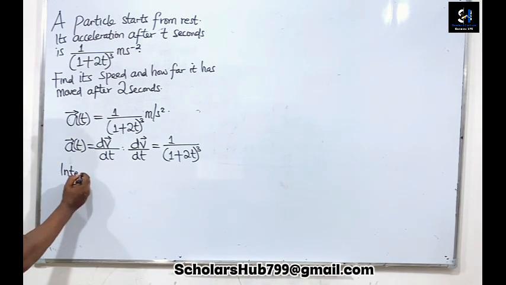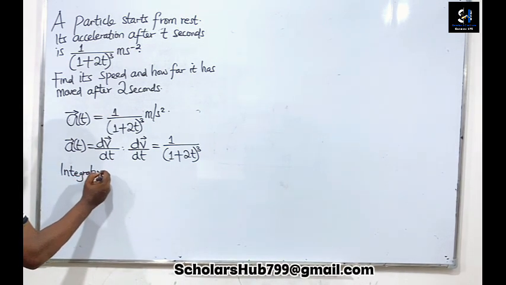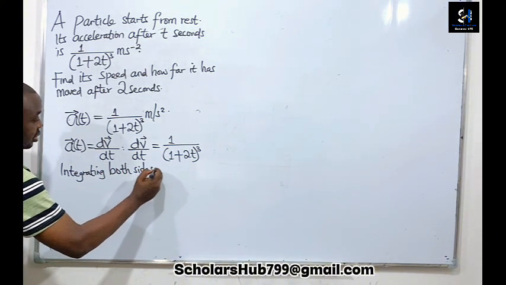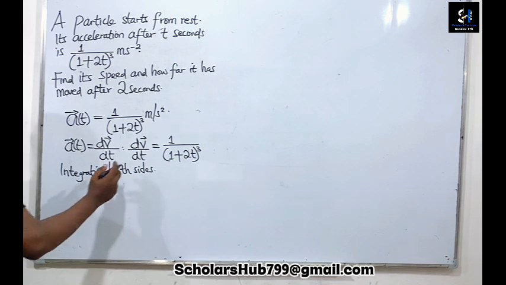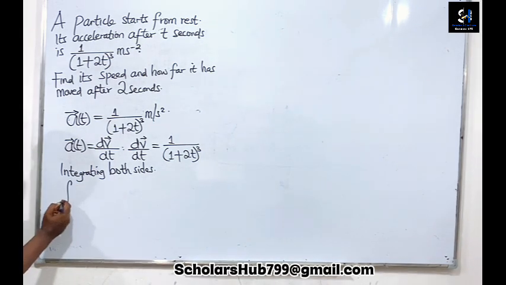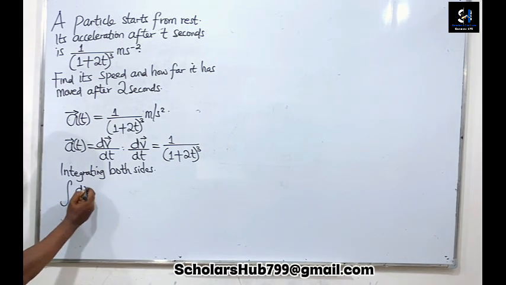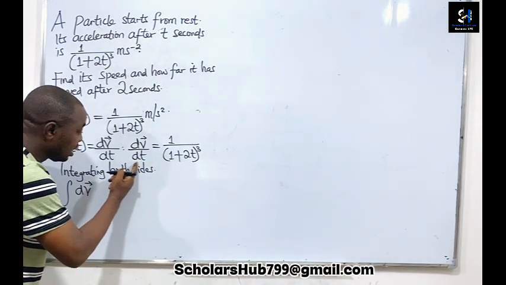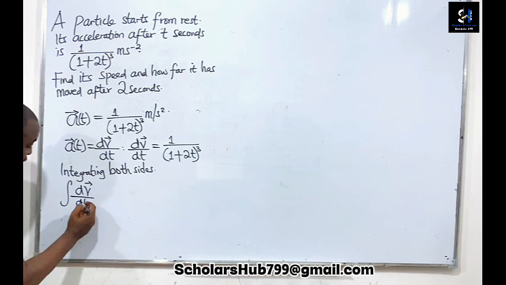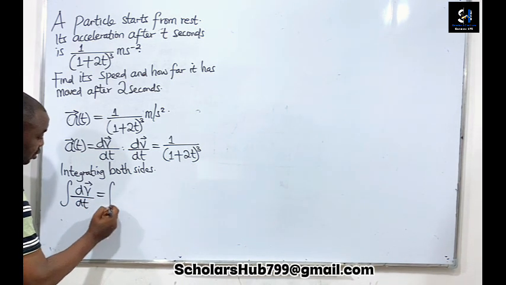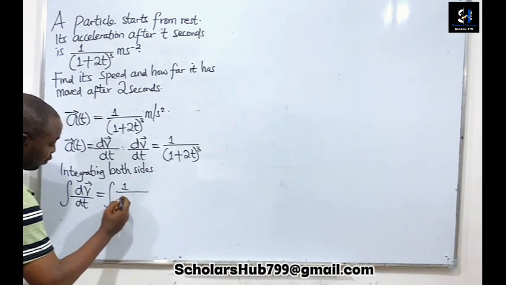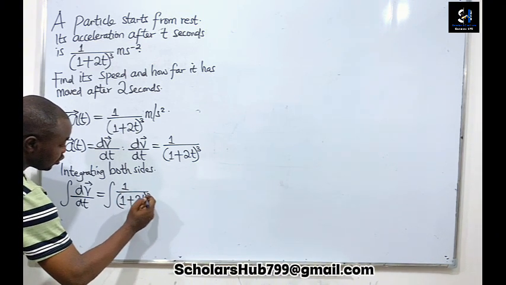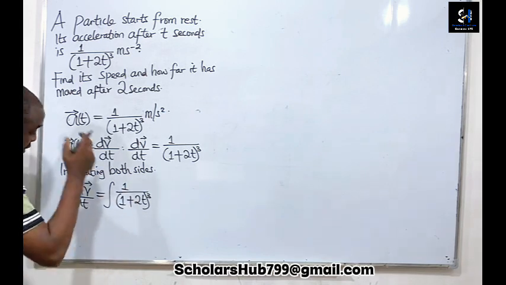Integrating both sides, in this case I'm going to introduce the integral of dv because I want to get rid of dt on the left-hand side: the integral of dv/dt equals the integral of 1 over (1 + 2t)^3.